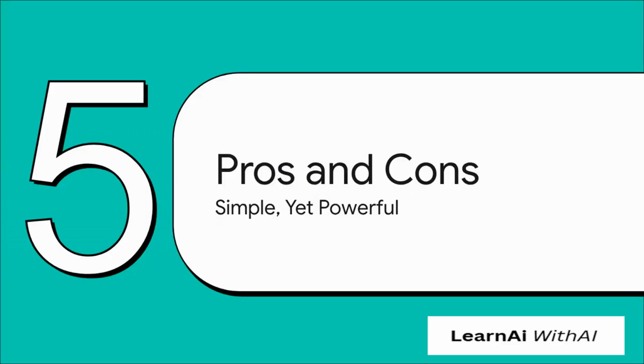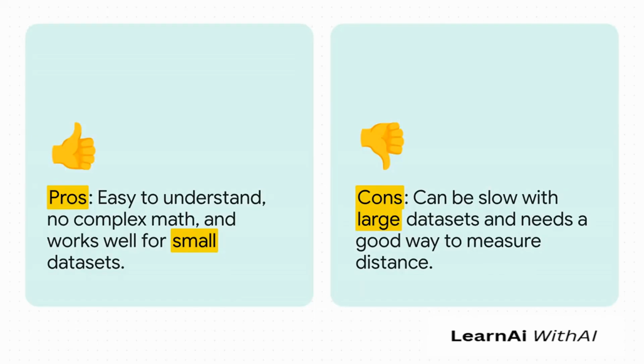By now, you've probably figured out that KNN is, well, it's pretty darn simple. And that's actually one of its biggest strengths. But, like anything, that simplicity comes with a few trade-offs. So the good stuff, it's super easy to get your head around. There's no crazy math involved. It's really just counting and averaging. And for smaller sets of data, it can work great. Now for the downsides. That simplicity has a price.